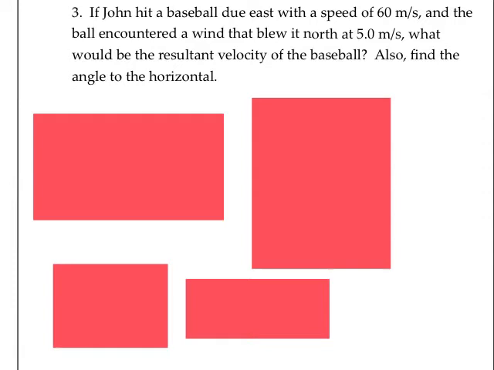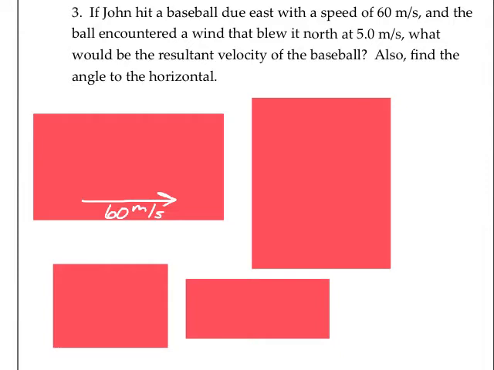So our first one, we've got a person hitting a baseball due east. So I would draw a vector that points to the east, and that one is 60 meters per second. And then I've got a wind that's providing a vector north at 5 meters per second. And I know in that video that I showed you two methods on how to add vectors.